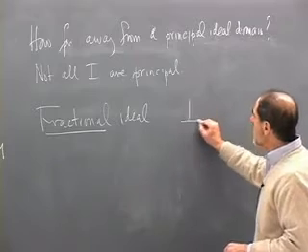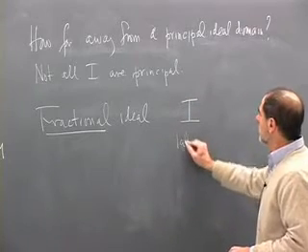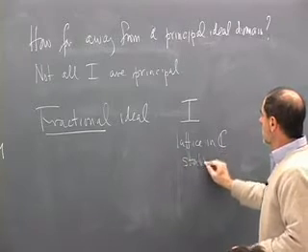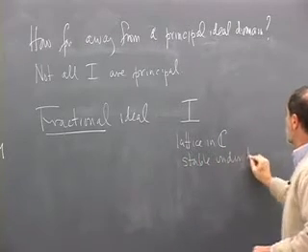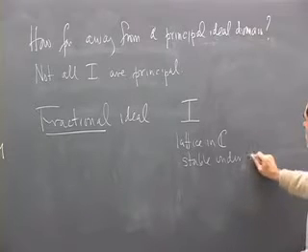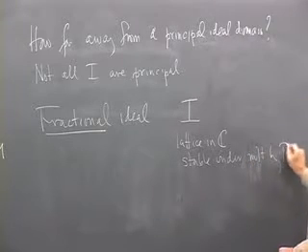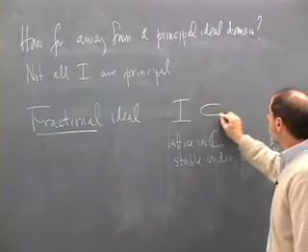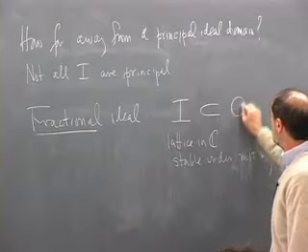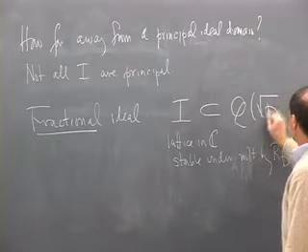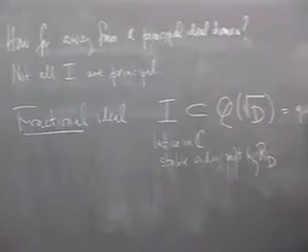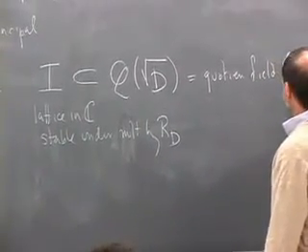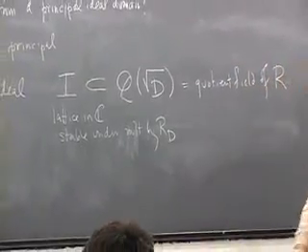It's an I, which is a lattice in C, stable under multiplication by R, and the only difference is it's not necessarily contained in R. It's contained in the quotient field of R, which is Q(square root of D), but not necessarily contained in the ring.